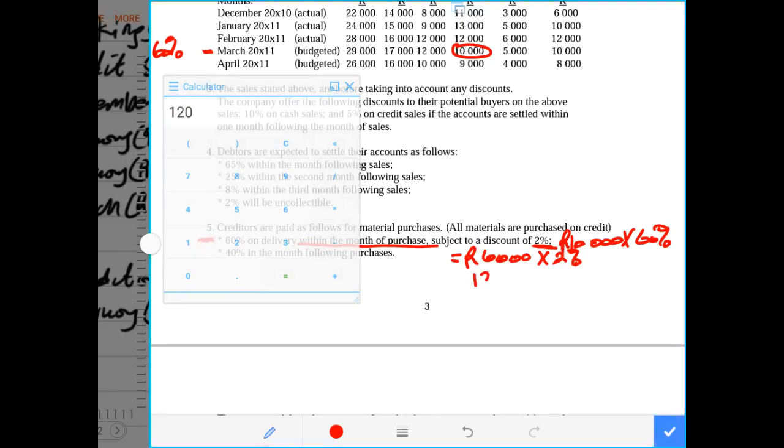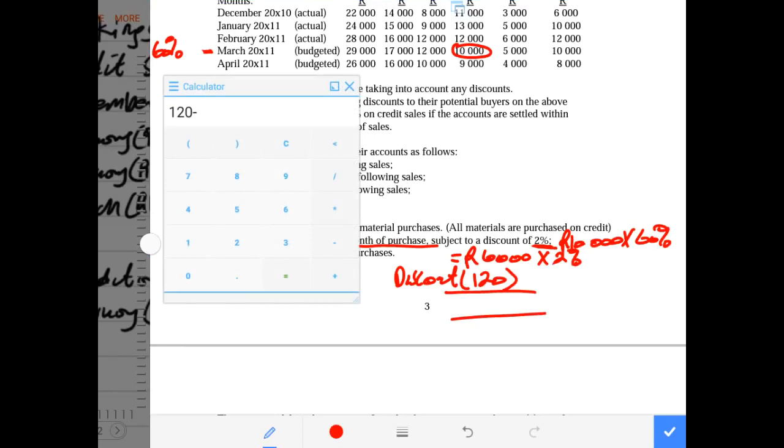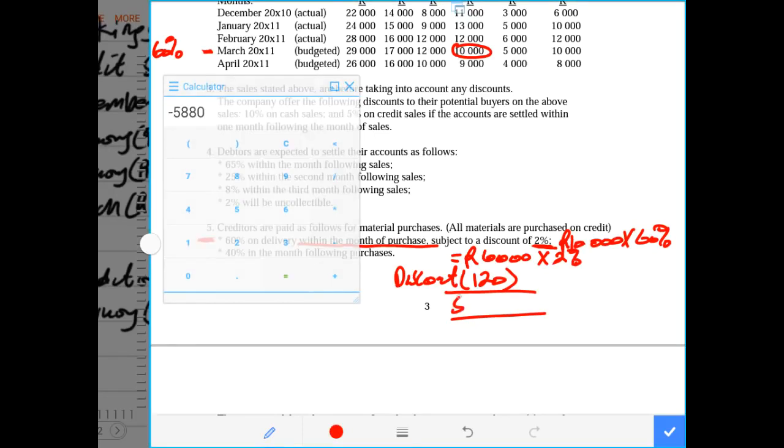And 2% will be 120 rands. That will be a discount. And in that discount, we say minus 6,000. Then that will give us 5,880, which is 5,880 will be the collection now for the month of March.